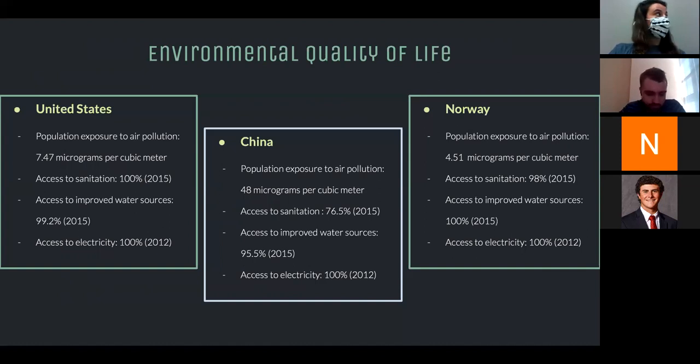This is extremely high pollution compared to the United States and Norway at 7.47 and 4.51 micrograms per cubic meter. On the other fronts of access to improved sanitation, water sources, electricity, all countries have increased their percentage of population to have access to these basic needs.